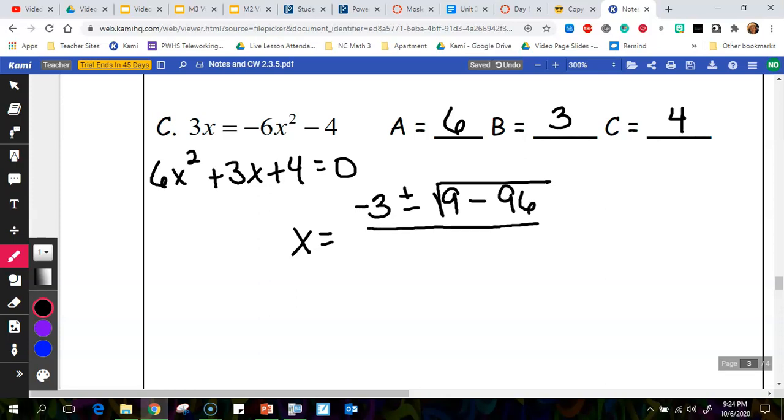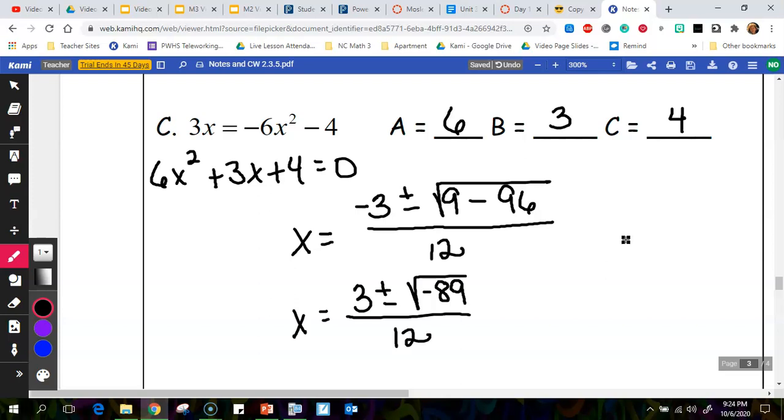And all of that is over 2a, which is 12. Okay. X equals 3 plus or minus, okay, 9 minus 96 is going to be, okay, so that's going to be a square root of negative 89 over 12. Okay, does anything go into 89?